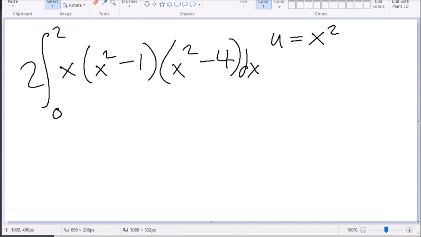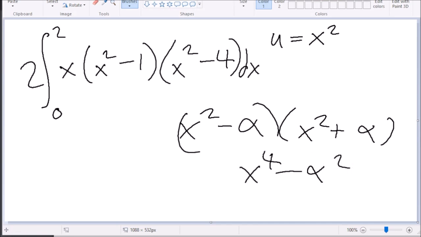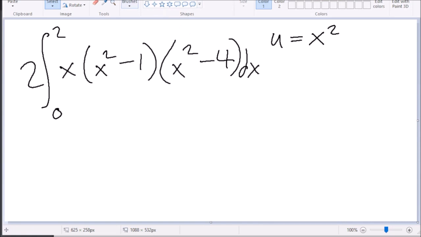So what I was trying to do is pretty much a u substitution where it's like x squared minus alpha, x squared plus alpha, and then I could just go straight into this. But I don't know how to form it that way. Oh, maybe I have to go rational.